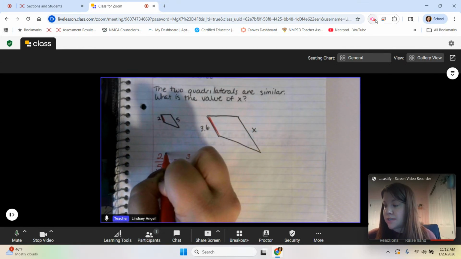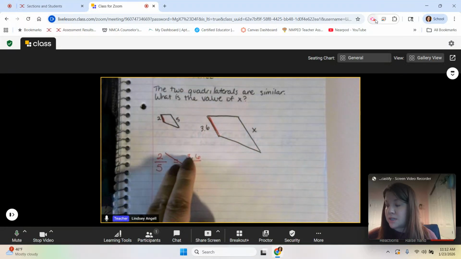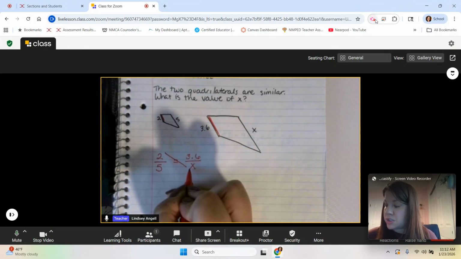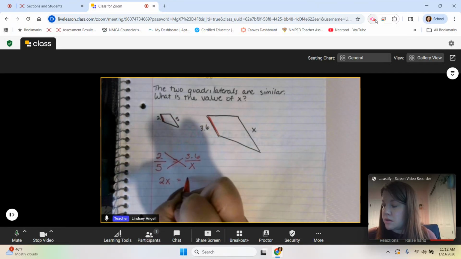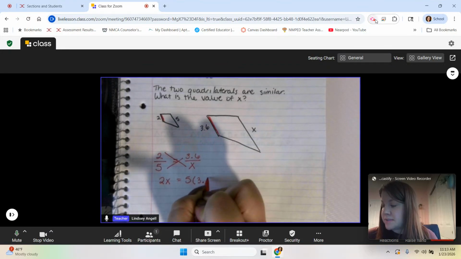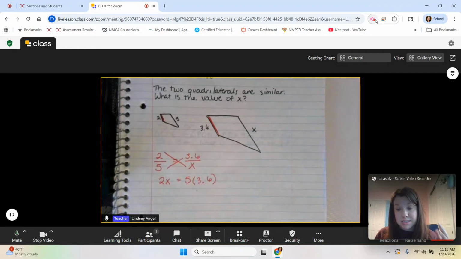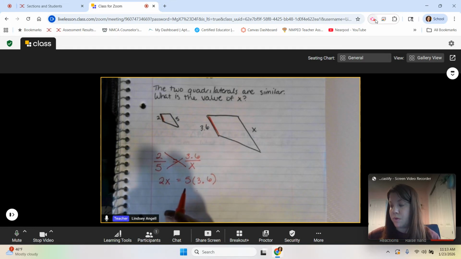If these are equal to each other, then I can say 2 times x is equal to 5 times 3.6. A lot of this comes back from our work with proportions, ratios, all the way back to fractions, and treating them like equivalent fractions.